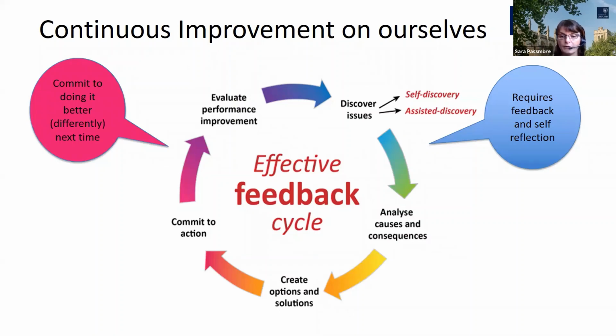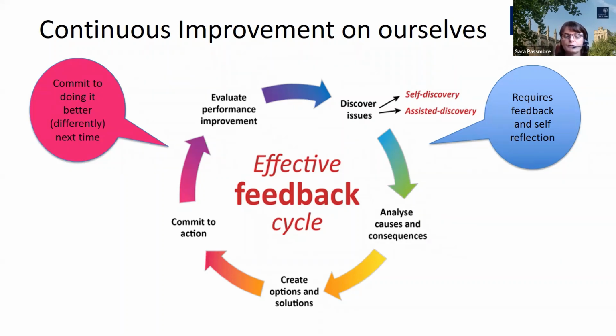We then need to analyse and reflect and think about ways to improve our performance. But we must also implement our changes, just like in one of our projects, and commit to that action, and then evaluate if it has been successful through feedback. So this is very like the plan, do, check, act cycle, but applied to ourselves.